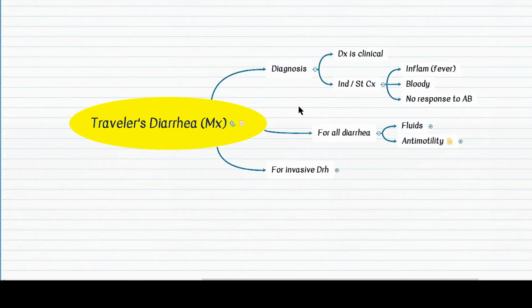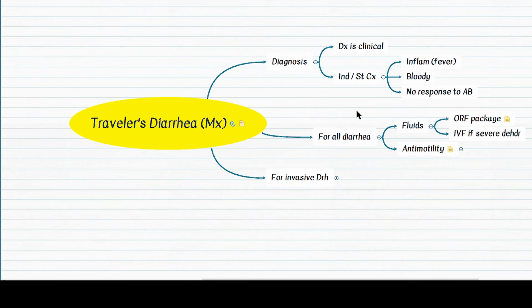What is the simplified management of traveler's diarrhea? Management begins with rehydration. If the patient is distressed, we consider antimotility agents, and if diarrhea interferes with the purpose of travel, regardless of invasive or non-invasive type, we consider a single-dose antibiotic.